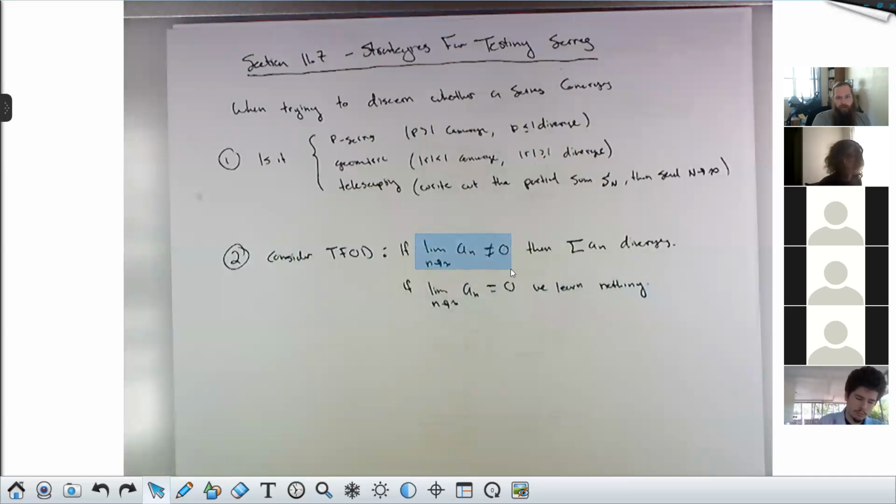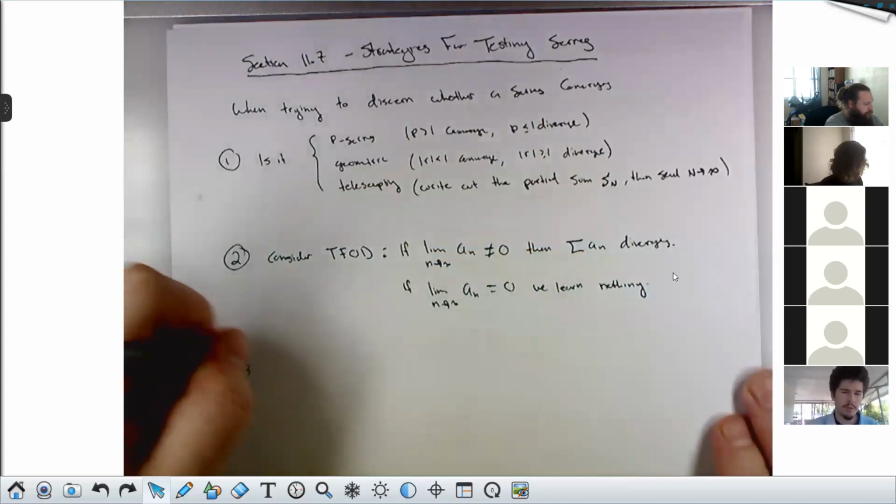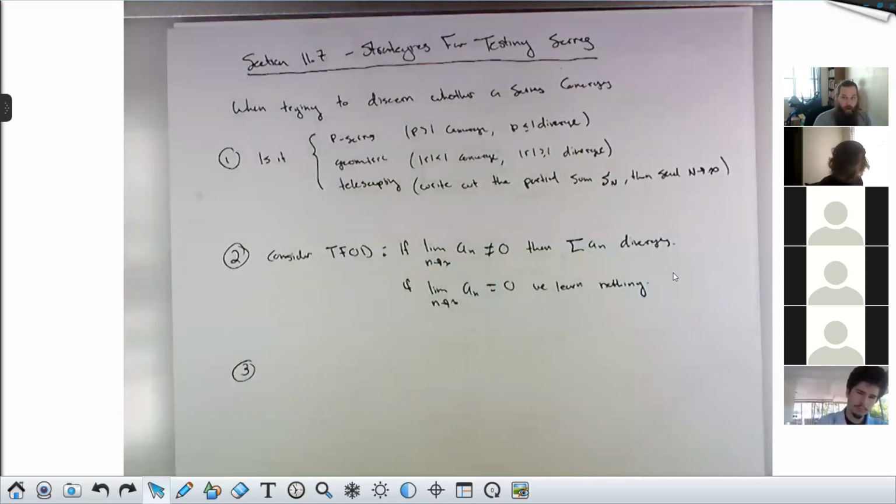And if that limit comes out to anything other than 0, either a non-zero number or infinity or the limit doesn't exist, then right away you know the series diverges. If the TFOD limit either looks hard or you can tell that it is 0, then you should move on to step 3.